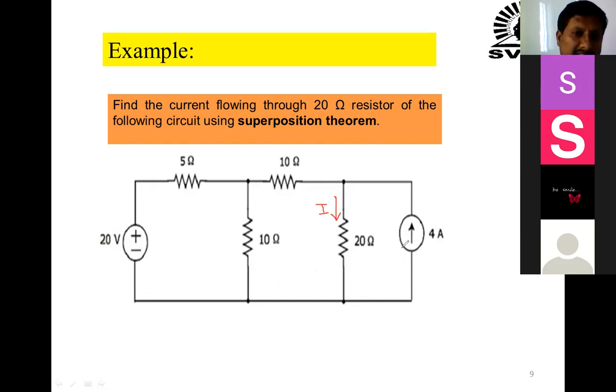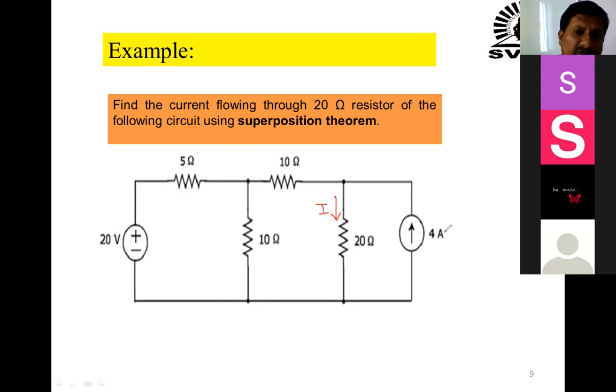Observe the circuit here, whether it is linear. Yes, it is linear. Second thing, how many independent sources are there? 2. Yes. So 20 volt voltage source and 4 ampere current source. Only 2 independent sources means it is satisfying the condition to apply the superposition theorem.